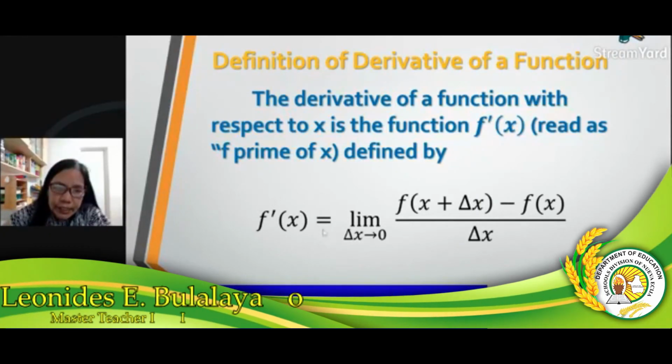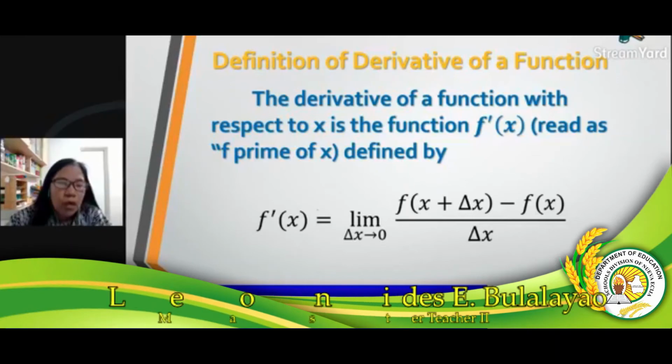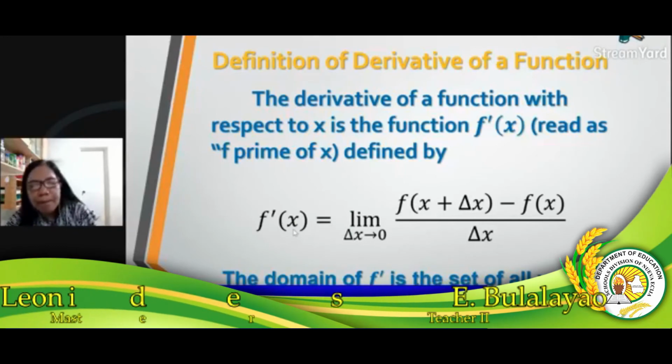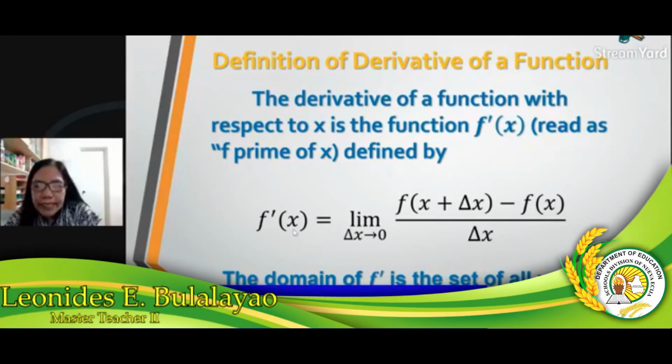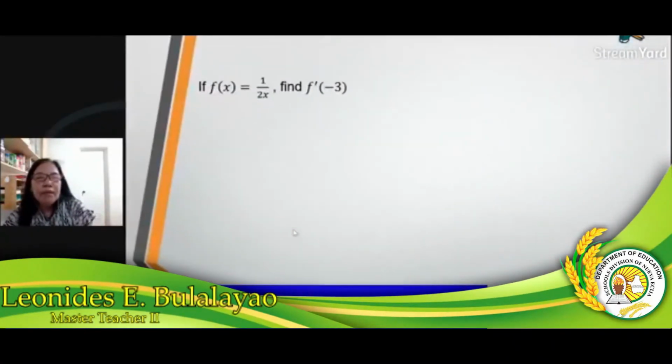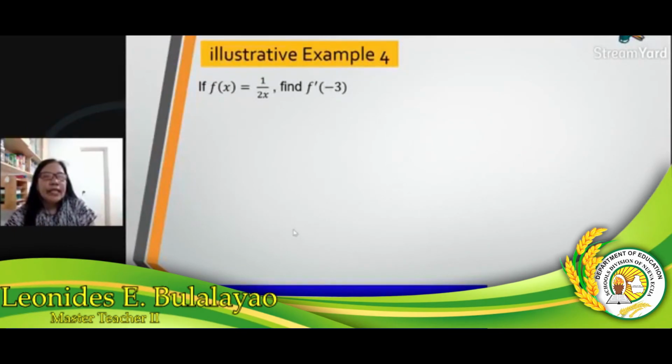And this symbol f prime of x means the slope of the tangent line at x equal to a, whatever the a is on the curve, provided that the domain of f prime is the set of all x for which the limit exists. Again, the limit exists.